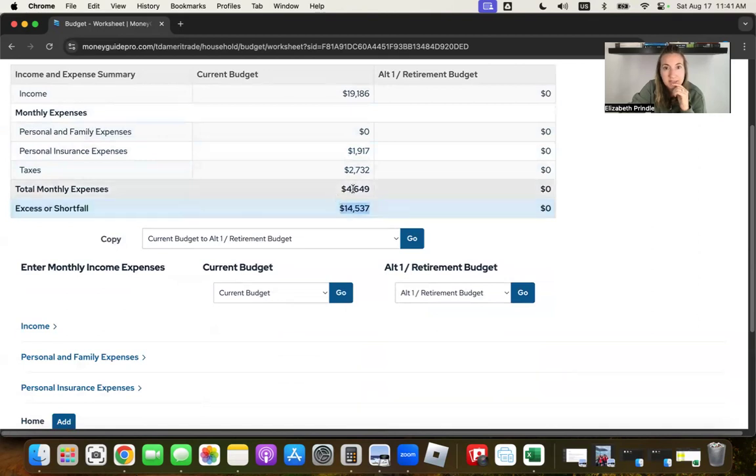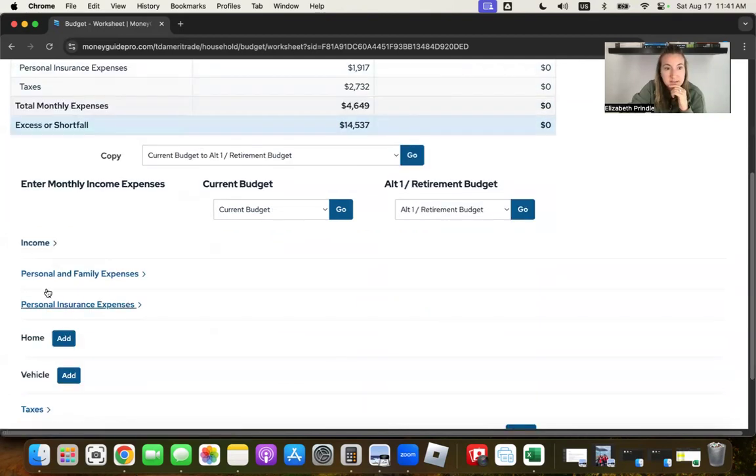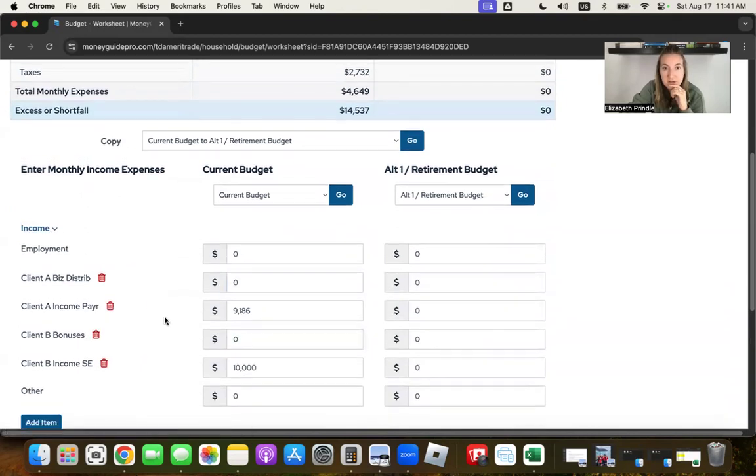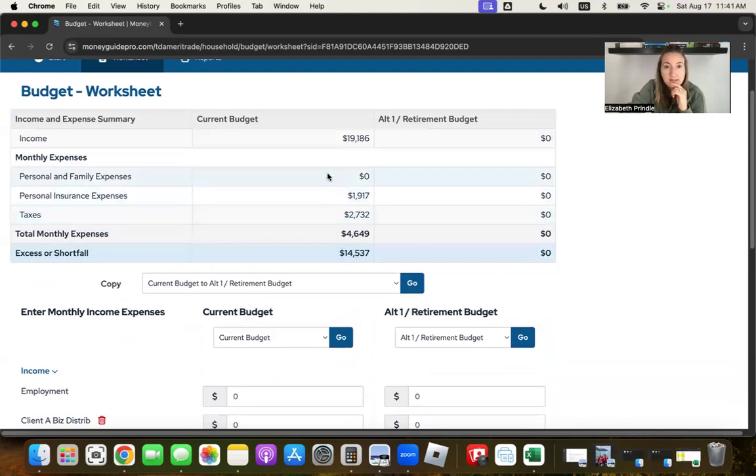We have a household with incomplete data, but we know they make roughly 20,000 a month. There are some income line items missing. We're going to go deeper into their spend data to figure out what those are, if we can. We have all their payroll deductions in place, aside from some of these other components of self-employment. And we have one spouse's entire tax withholdings.